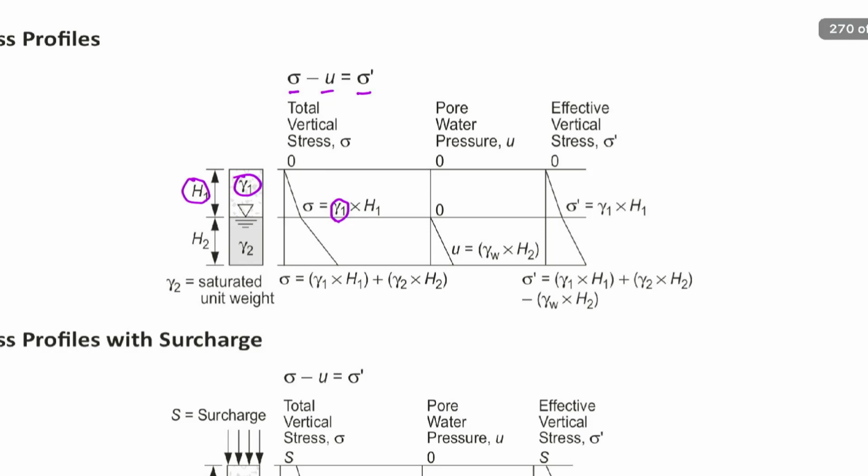And if you have a saturated layer, you have a gamma 2, the saturated unit weight, then the total stress is the summation of gamma 1 H1 plus gamma 2 times H2. And you can calculate the pore pressure, and the difference between the total stress and the pore pressure would be the effective stress. So that's one way to do it.